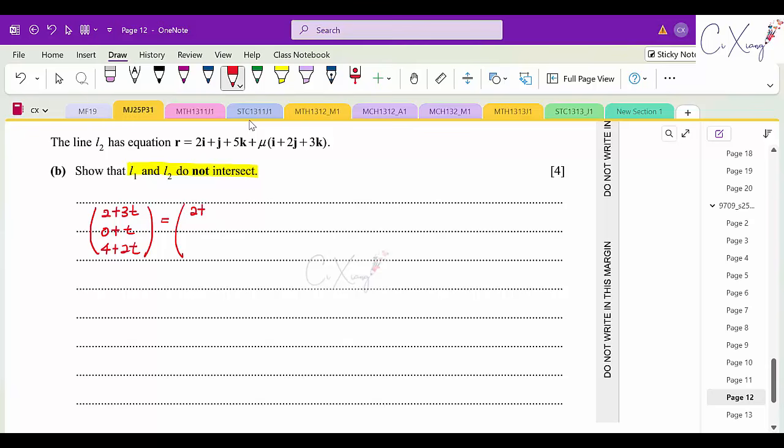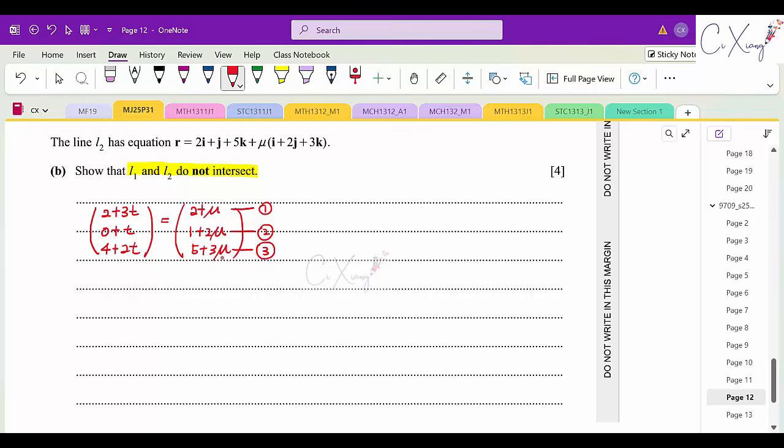If you group that, it will be 2 plus mu, then 1 plus 2 mu, and 5 plus 3 mu. I hope you know how I combined them into this. From here, you can see that there are three equations: first, second, and third. So we have to get the value for t and mu first.